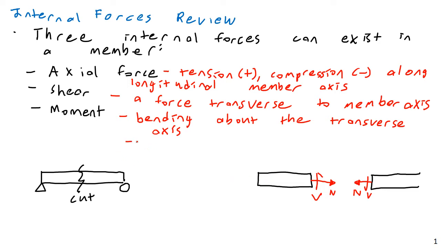You can have strong and weak axis bending, and I'll talk about that in a bit. Okay. So again, these are our three main internal forces, but I do have some notes on this that I'll cover on the next slide. I am going through this fairly quickly, but this is because this is a review for mechanics of materials, statics, etc. Okay, so I need to talk about sign convention.